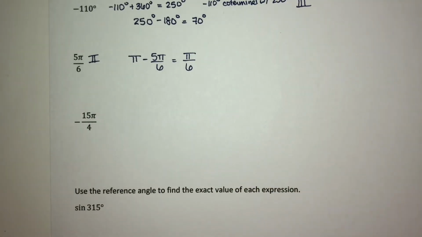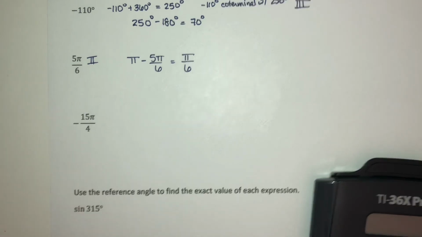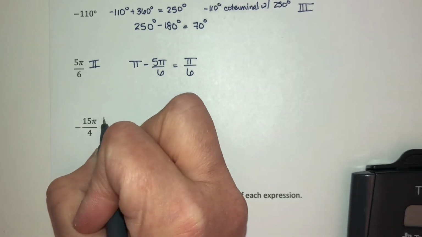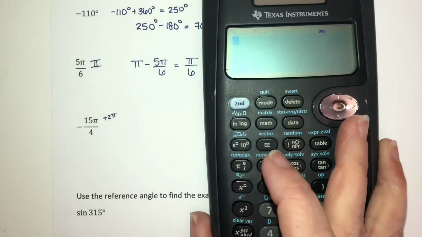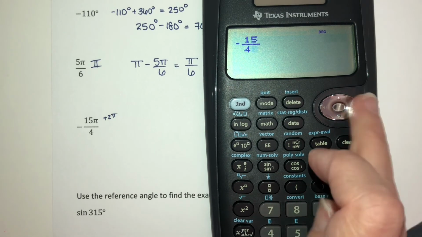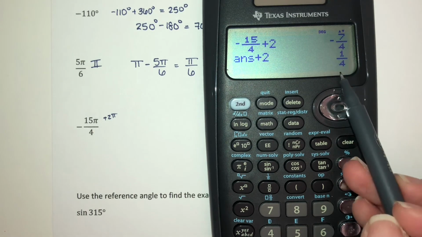Now let's do negative 15 pi over 4. I want to find a positive coterminal angle for it to make this easier. So I'm going to keep adding 2 pi over and over again until I find a positive angle. Remember that we can treat the pi as if it were a variable and just worry about the arithmetic part. So if I'm adding 2, I still have a negative value, and then if I add it again, I get 1/4.